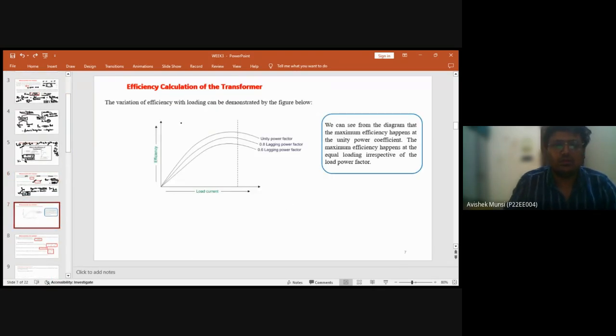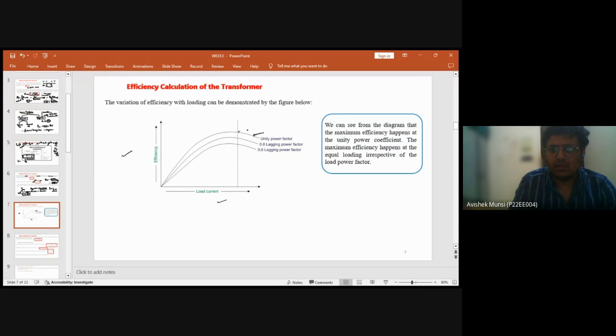So this is the graph for the efficiency versus load current. As I said, mainly the current is the load, and depending upon the current, the efficiency is changing. You can see that at unity power factor we achieve the maximum efficiency.